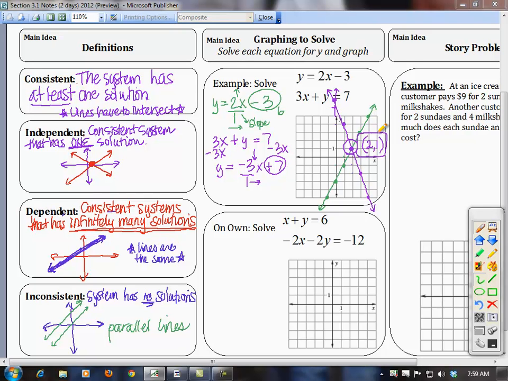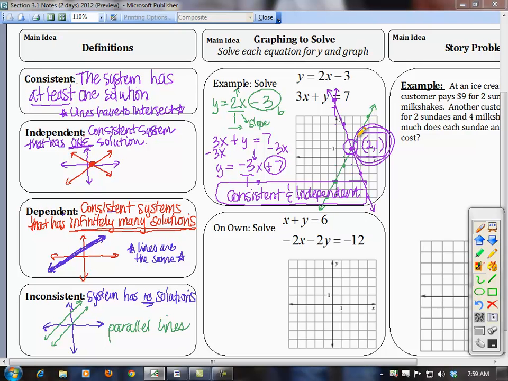Since it intersects, I know my system is consistent. And because it intersects once, if I look here, I know it intersects once, which means independent. So your answer is going to consist of two things. One is going to be the point of intersection, and two is going to be labeling what type of system you have.